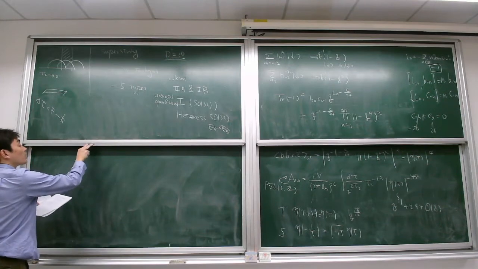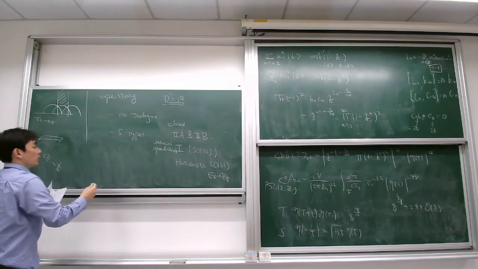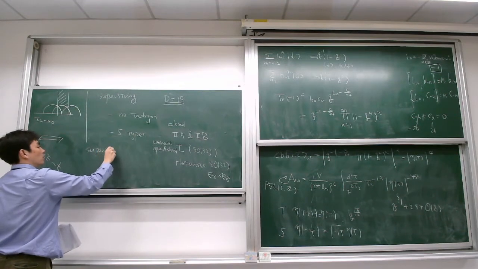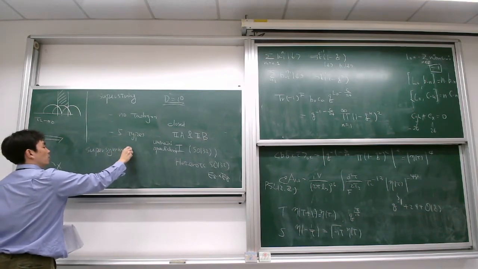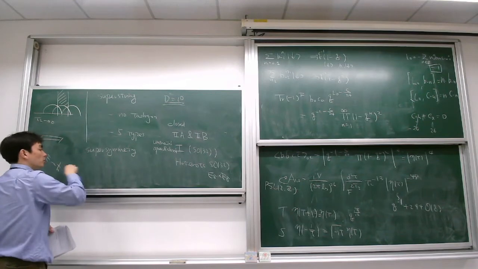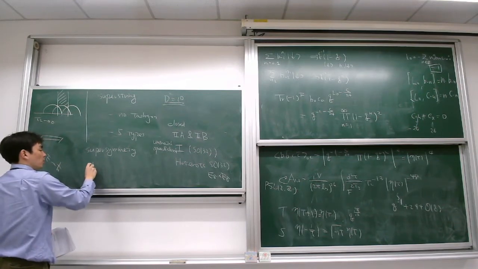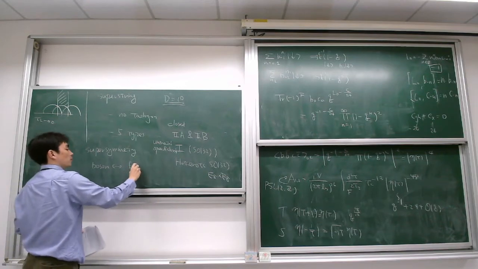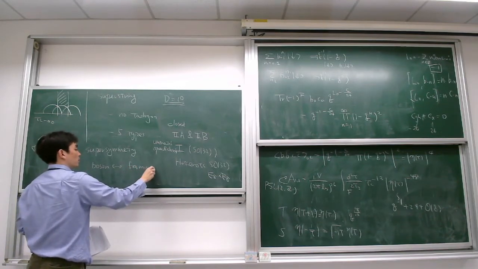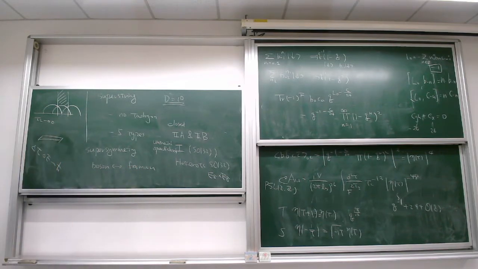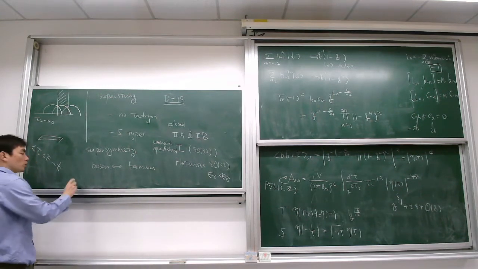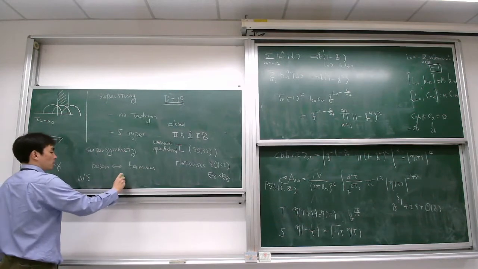Superstring has supersymmetry, which as we will see is a symmetry between bosons and fermions. And this supersymmetry can be seen in both aspects, worldsheet or space-time.